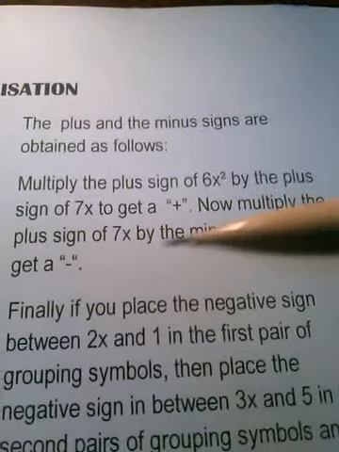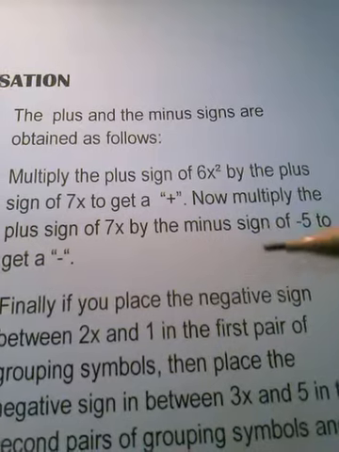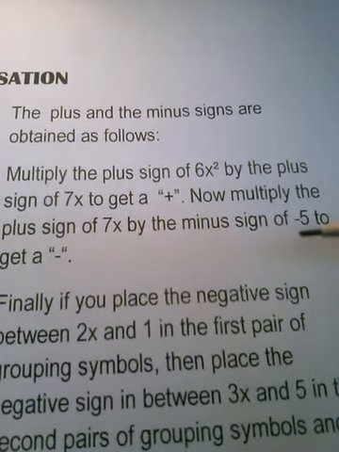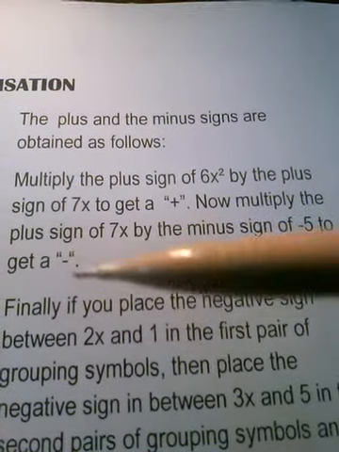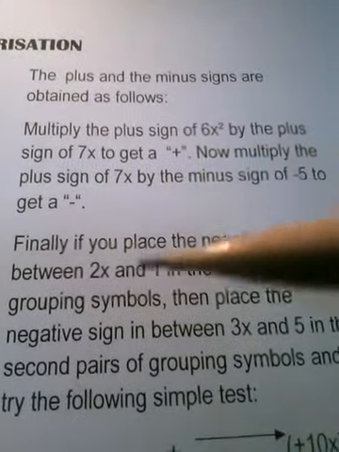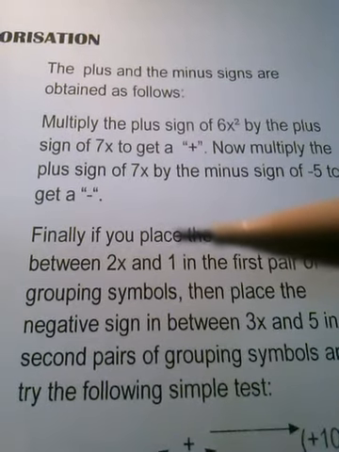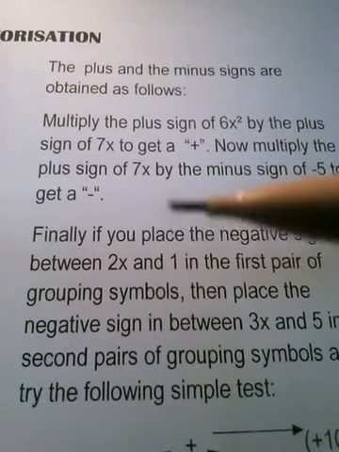Now multiply the plus sign of 7x by the minus sign of minus 5 to get a minus. And we place these two signs in the two pairs of grouping symbols as we've seen in the previous steps here.